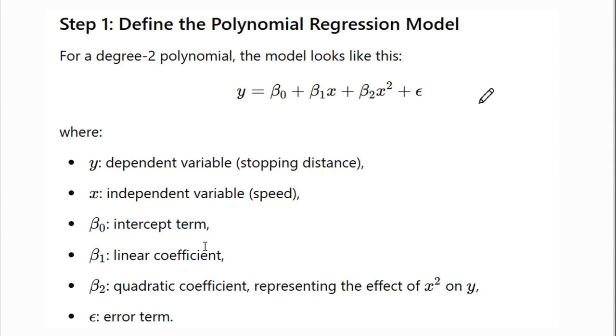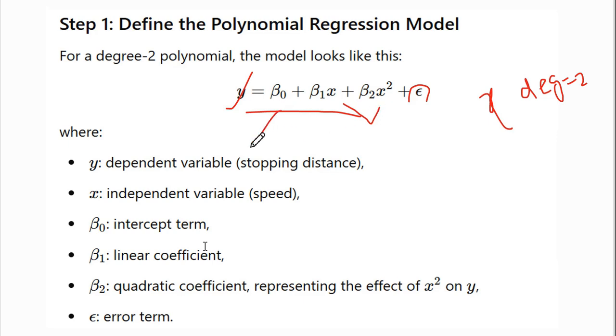In our data set we have only one independent variable x, and the degree value I am choosing is 2. Clear? For degree equal to 2, this is the polynomial equation: y equals beta naught plus beta 1 x plus beta 2 x square plus epsilon. We know that y is the dependent variable and x is the independent variable.